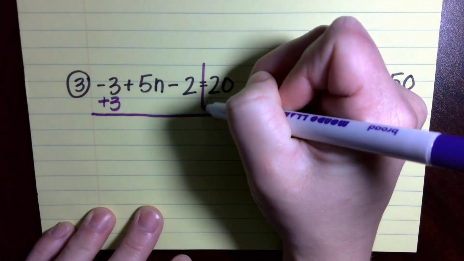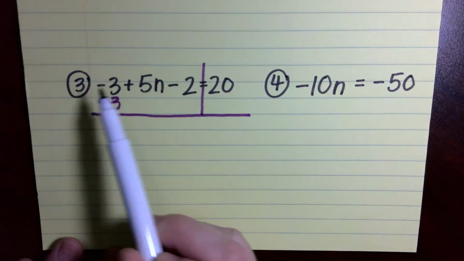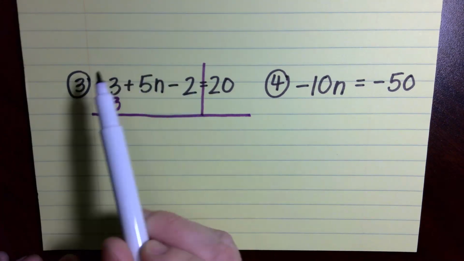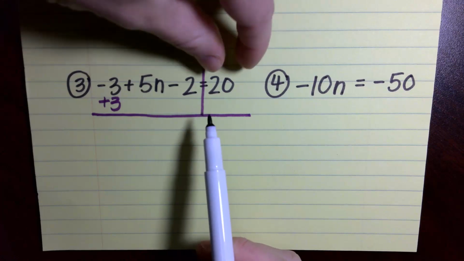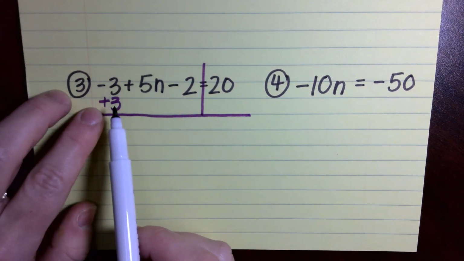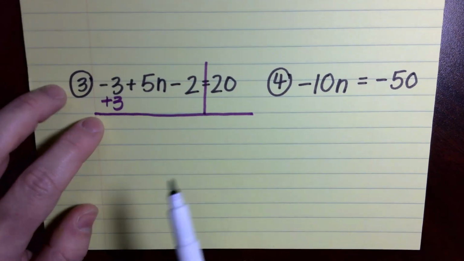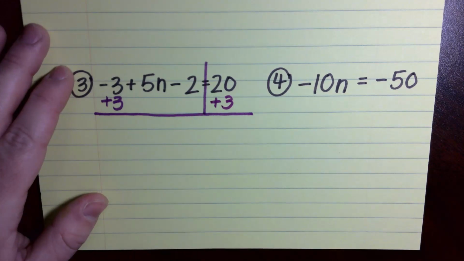Always try to think of that equal sign as the separator between the sides of your equation. This quantity all together, negative 3 plus 5n minus 2, is equal to 20 when we solve for n. So if I added 3 here and then I did it again on the same side, I'm really adding 6. So we want to do plus 3 under the 20, just like you guys said.